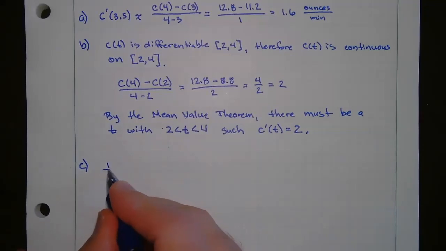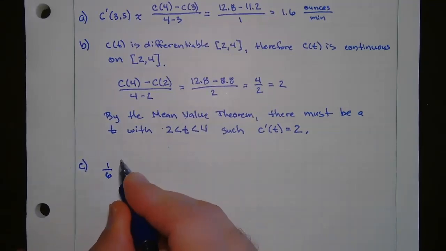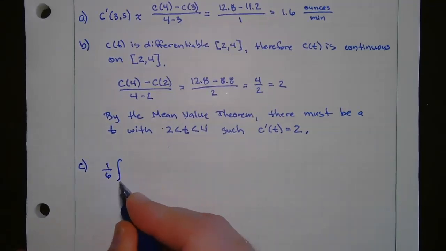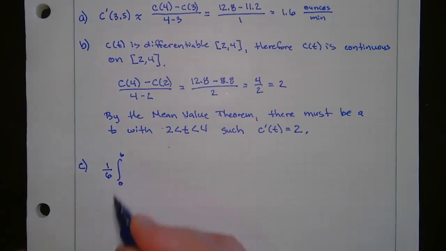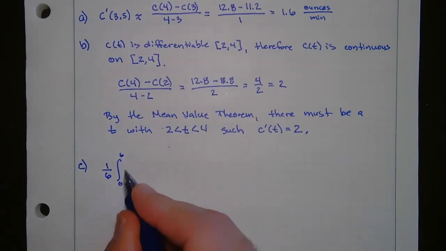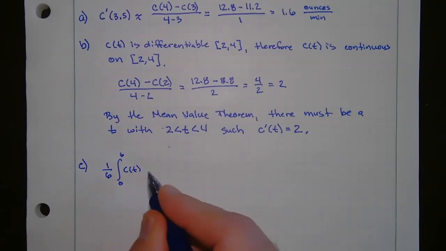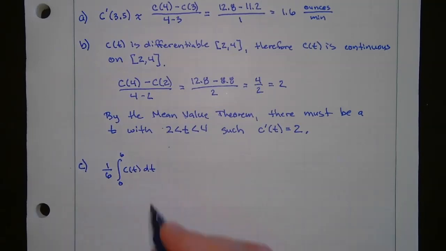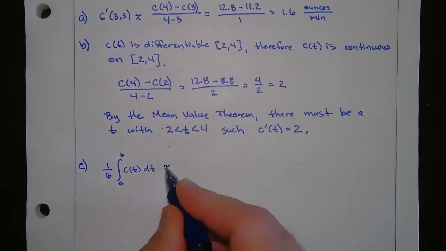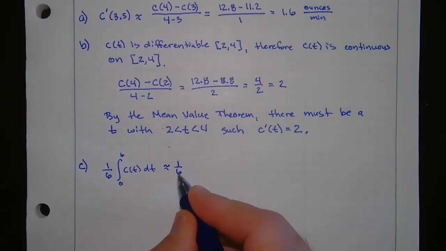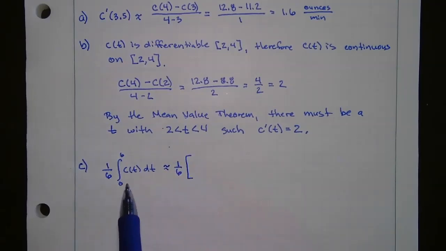So we're gonna use a midpoint sum to estimate 1 over 6 times the integral from 0 to 6 of C of t dt, okay? And so this is going to be equivalent to 1/6 times the midpoint sum. We're going to go from 0 to 6, and these are going to be equal intervals because we're going to do 3 of them, okay?